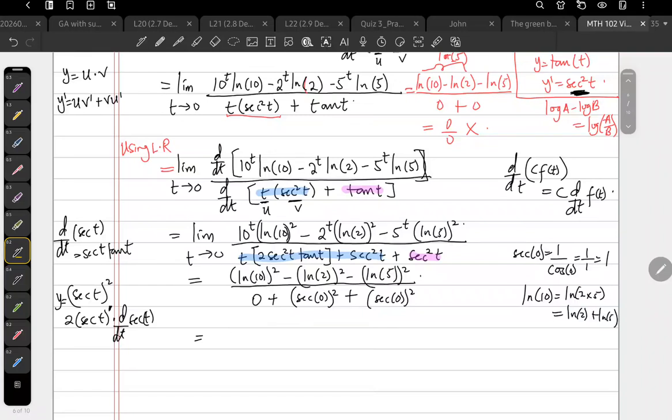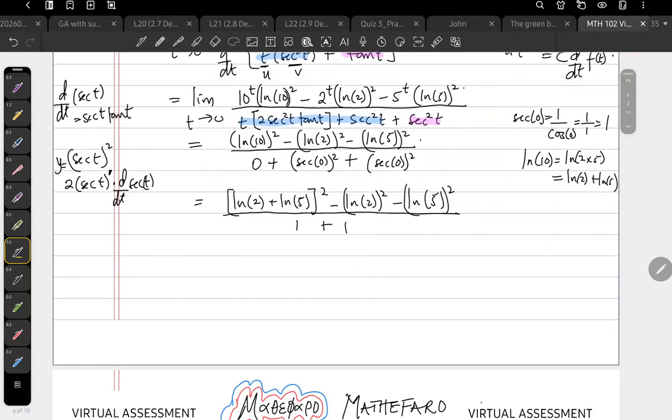That means the numerator here is going to be natural log of 2 plus natural log of 5, all squared, minus natural log of 2 squared minus natural log of 5 squared. Everything over 1 plus 1.